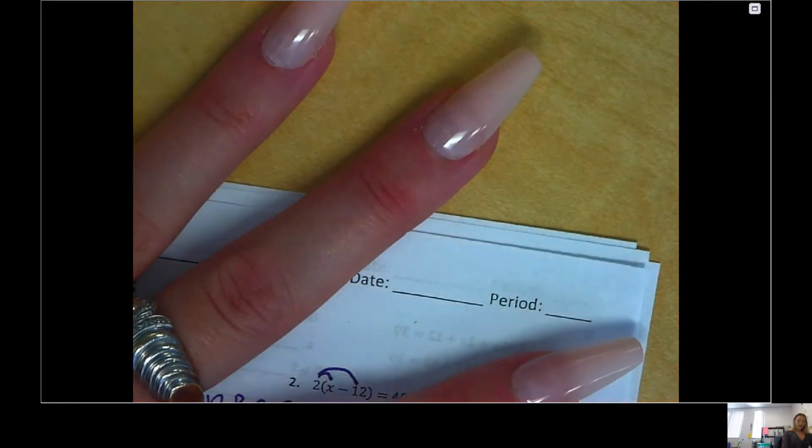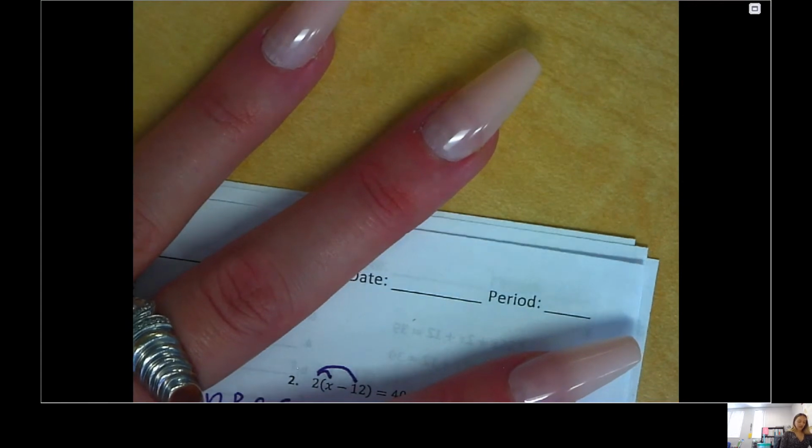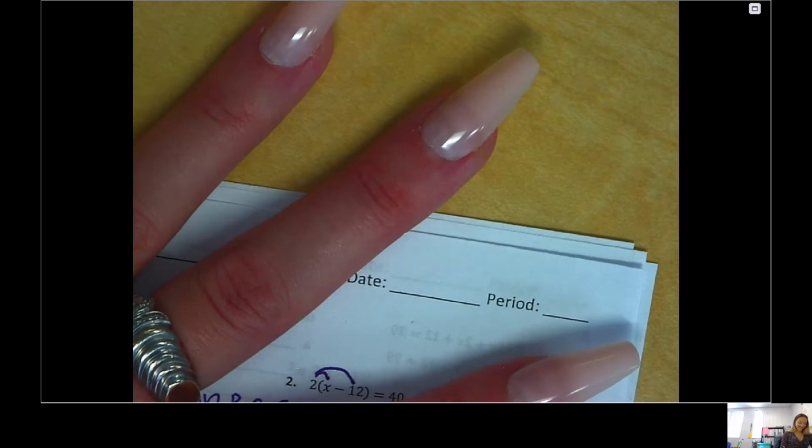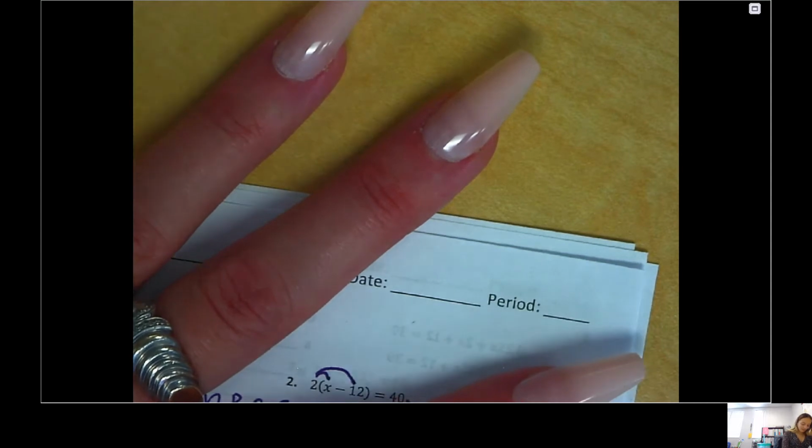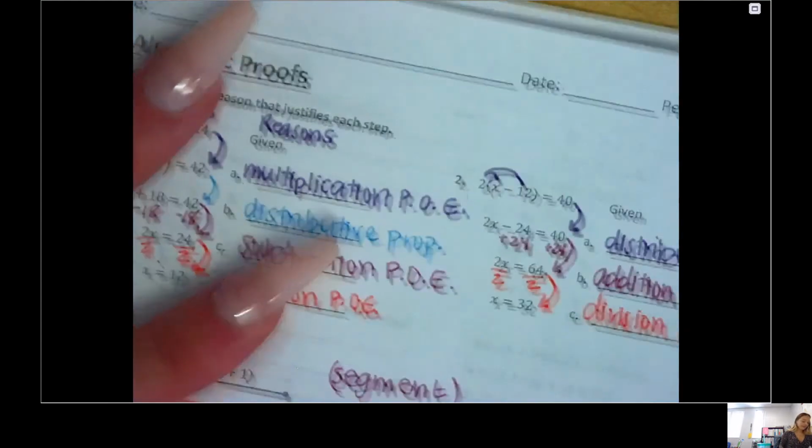Is it going to be properties of congruence or equality for number 7? Congruence. So you only got 3 choices. It's got to be one of those 3. Correct. You got a 33.3% repeating chance of getting it right. So that's fun.